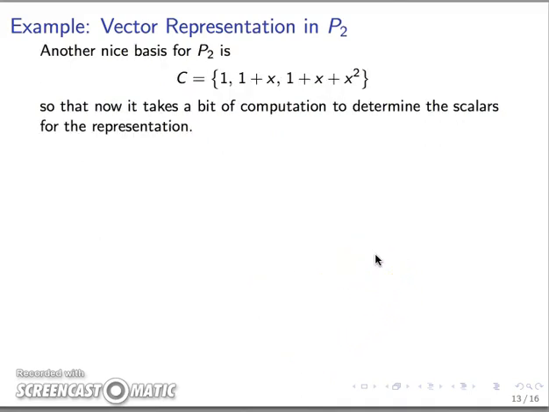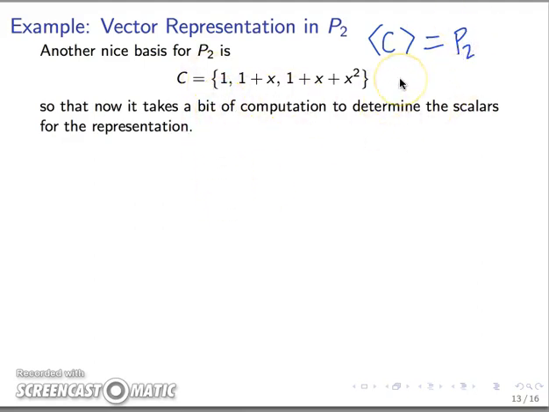But what happens now if we consider a different basis, a different set that is linearly independent and spanning? This set C has the property that the span of C is exactly equal to the vector space of polynomials of degree 2.